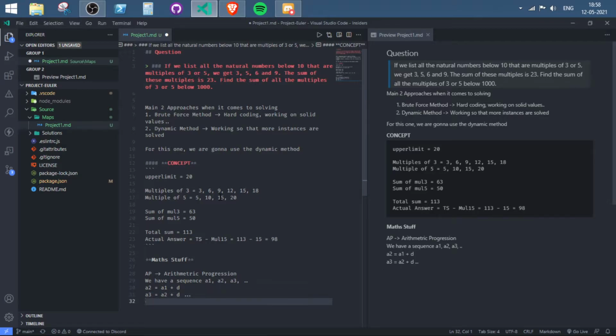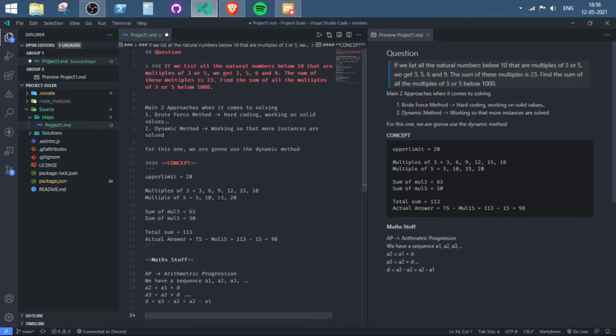So basically you can also write it as D equals A3 minus A2 equals A2 minus A1. If you are getting confused, basically you can say that all of the terms are at the same distance from each other. So that's a basic case. Now we are going to declare some variables.